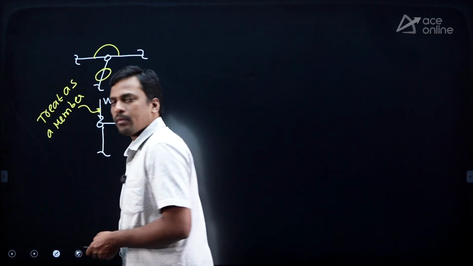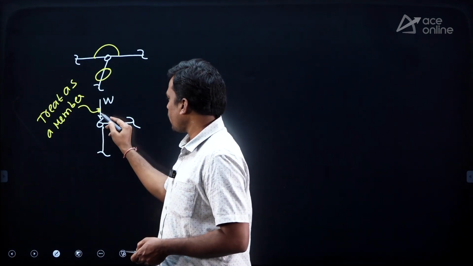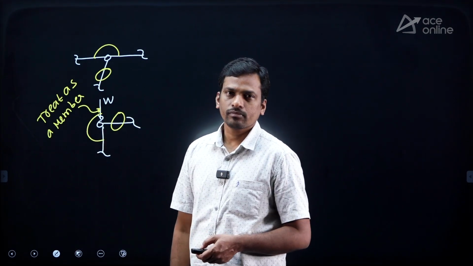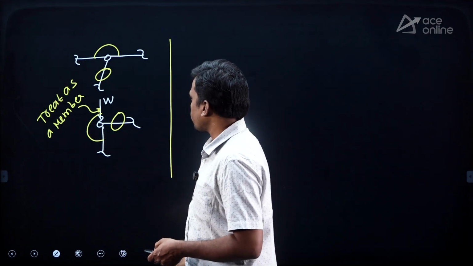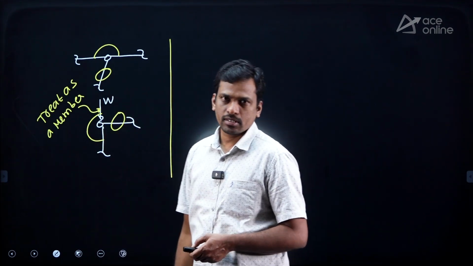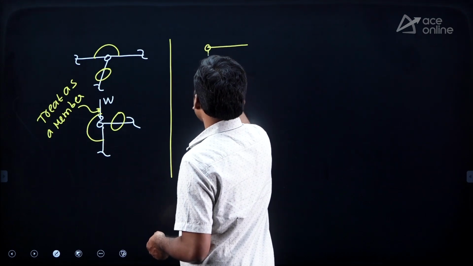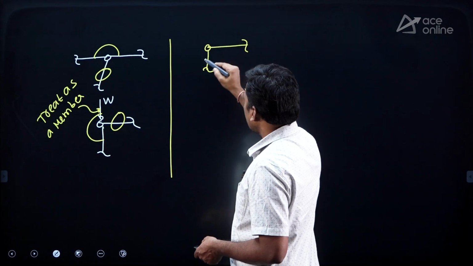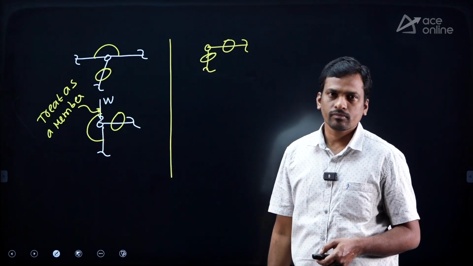Now how many members are meeting? 3 members are meeting, right? And these 2 are collinear, then force in the third member is 0. This is the first shortcut, only for 3 members. And the second shortcut, at the pin joint, if the number of members are only 2, are these 2 in the same line or different line? Different line, then force in both members is 0.